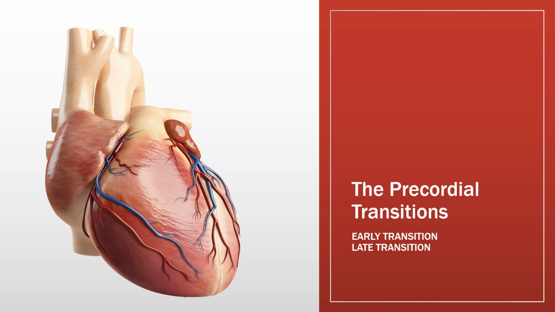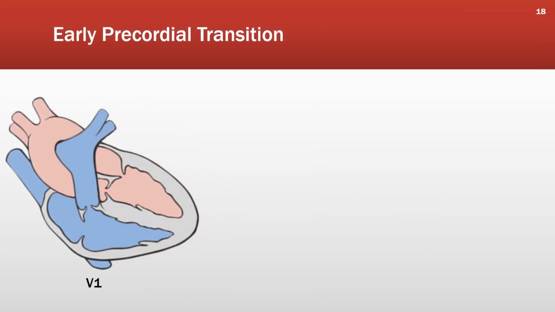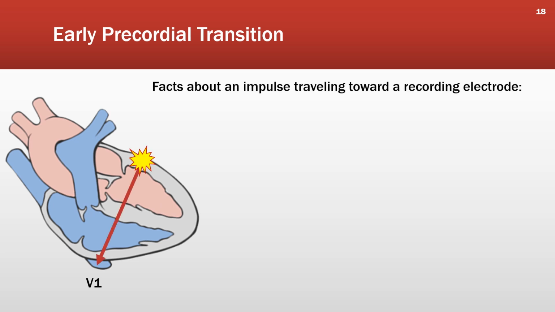Now I'm going to talk more specifically about the precordial transitions, early transitions and late transitions. We're going to begin with early precordial transitions. Now, there's something you really need to be aware of about impulses traveling through the heart in regard to precordial transitions.